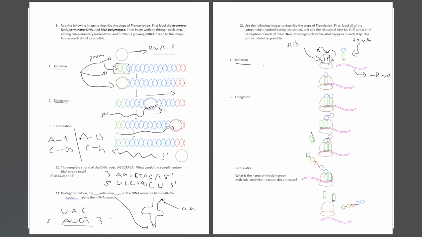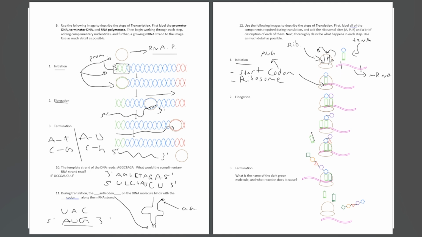So initiation, right? To initiate translation, we need the start codon. Of course, the start codon is AUG, which codes for methionine, and we need the ribosome. So what happens here is when we have AUG on the mRNA, right at the beginning.